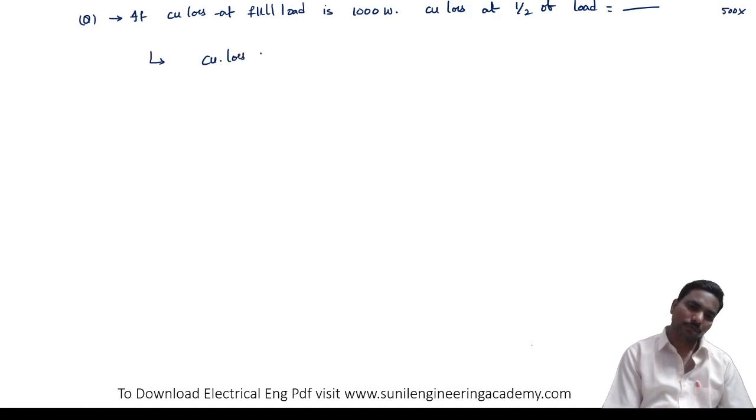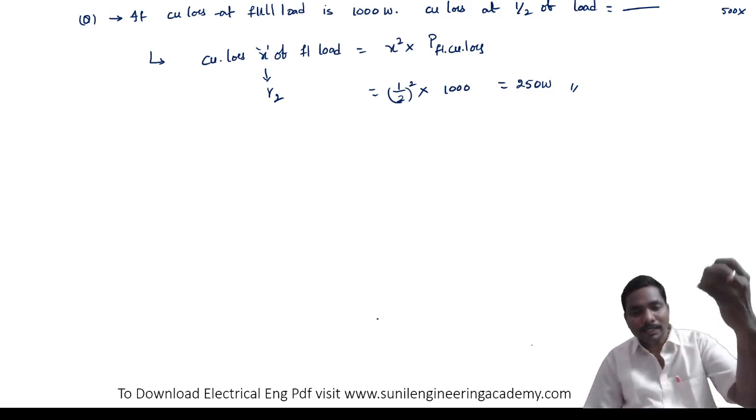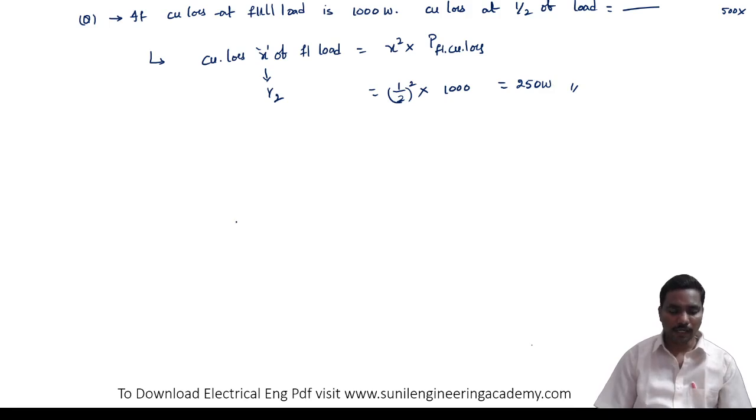Copper loss at x of full load is equal to x square times the full load copper loss. Here x is 1 by 2, so (1 by 2) whole square into 1000 is 1 by 4 into 1000, that is 250 watts. As the load current decreases, the losses decrease a lot. If the load decreases 1 by 2 times, the loss becomes 1 by 4 times. All of you clear?